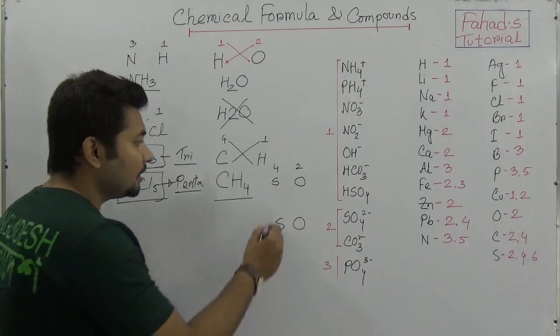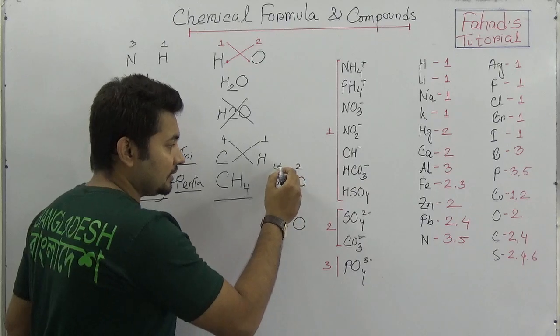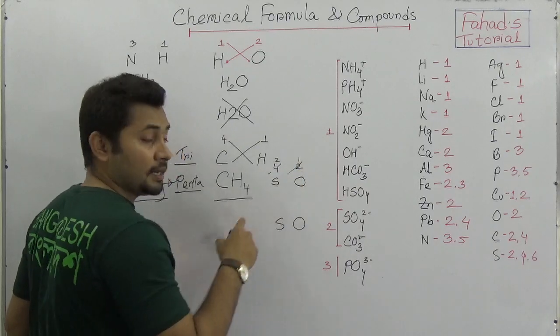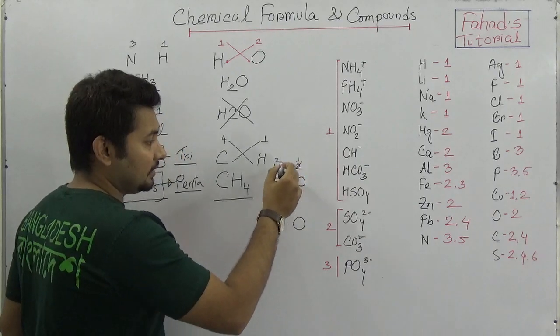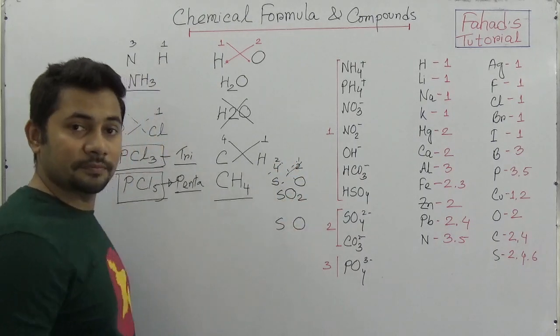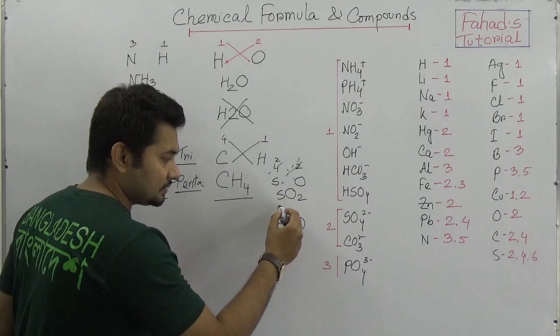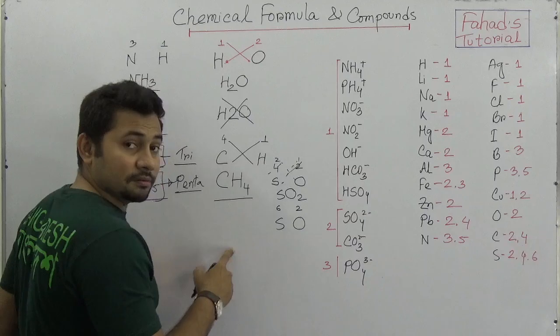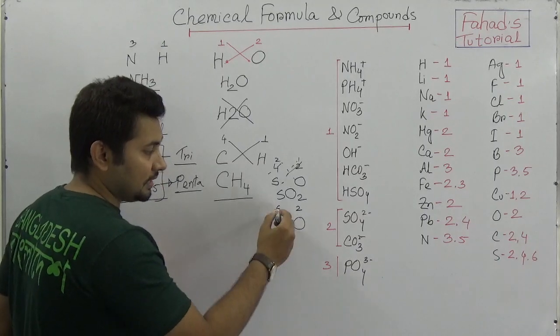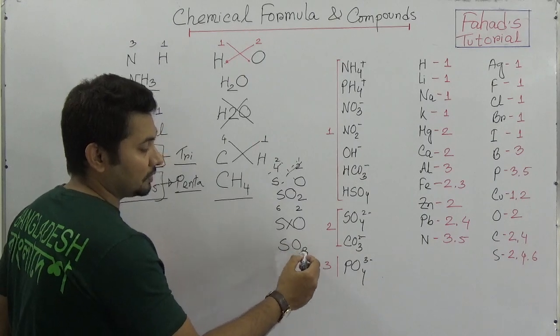We make it simpler. If we say this should be 2 and 1, then it will come here and 2 should come there, so it will be SO2. Or if sulfur is 6 and oxygen is 2, then you can change it to 3 and 1, so it will be SO3.